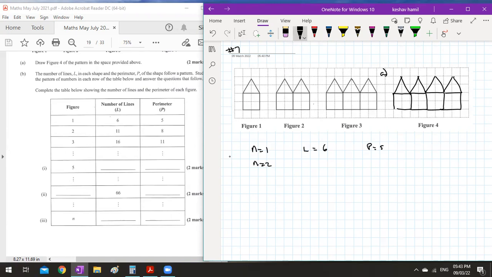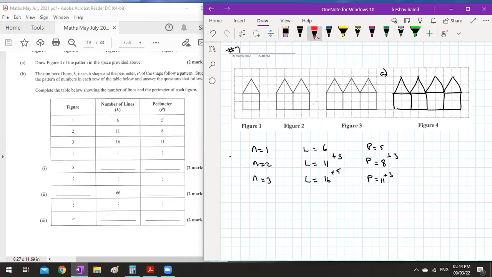When n is 2, the number of lines went up to 11, which is adding 5. Perimeter went up to 8, which we added 3. Let's see the next one. N is 3. You get L is 16, so you add 5 again. And P is 11, so they add another 3.